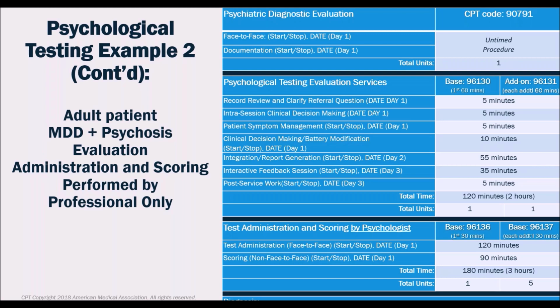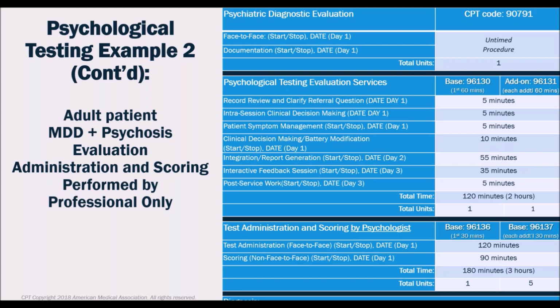Now, if you go to the middle, you'll see the evaluation services and what the breakdown of that is. So for 96130 and 96131, again, the base code is for the first 60 minutes of 96130. You break it down. You spend 5 minutes with record review, the referral from the physician, clarifying the referral question. Then during the evaluation, you're going to be making some clinical decisions based on your observations and interactions with the patients.